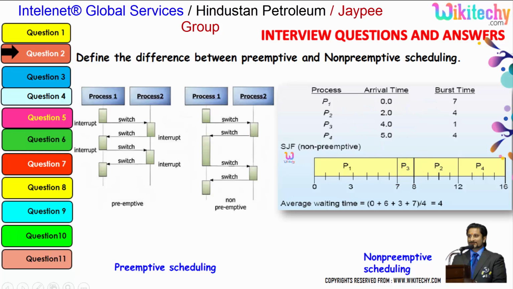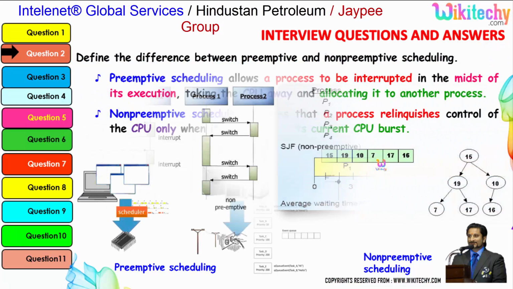Since it's shortest job first, P2, P3 and P4 are there. Which one is the shortest job? The shortest job which came before and is waiting. So P3 will be executed, and afterwards P2 and P4 are both the same, but this one came first. So P2 is executed and then P4 is executed. This is how non-preemptive scheduling is.